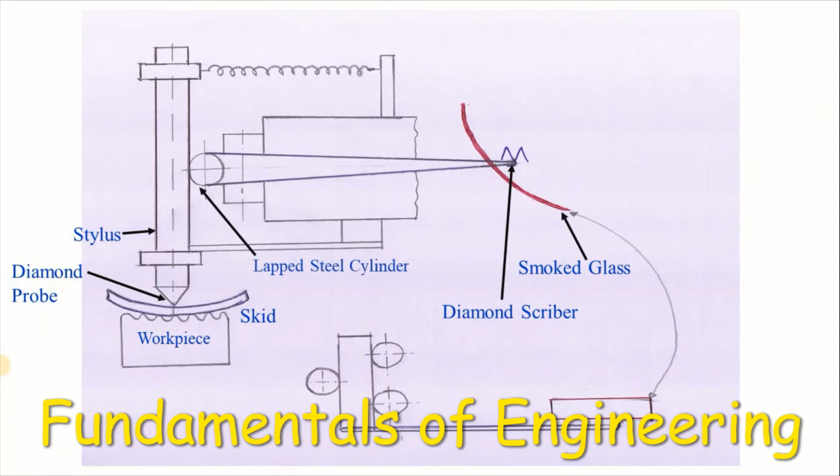This diamond probe is very small and it is supported by the skid. The stylus on the surface finish recorder is held by spring pressure against the surface of a lap steel cylinder.